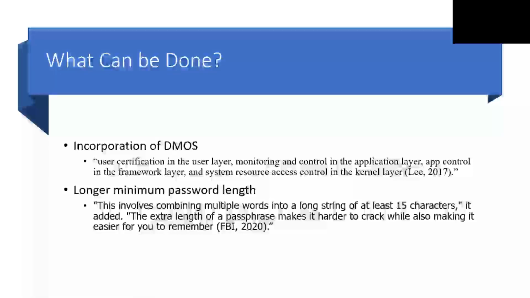So what can be done to stop all this? First of all, the incorporation of DMoSs, which basically work by user certification in the user layer, monitoring and control in the application layer, app control in the framework layer, and system resource access control in the kernel layer.